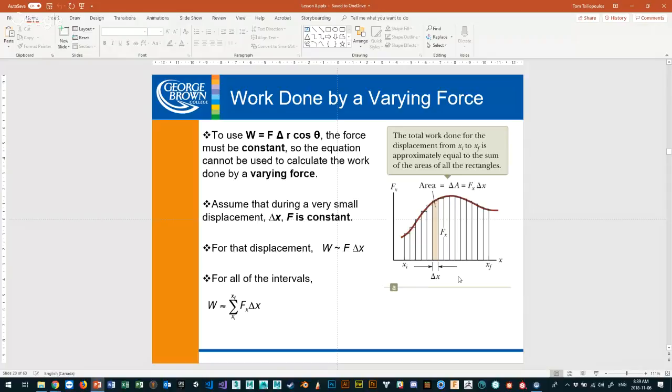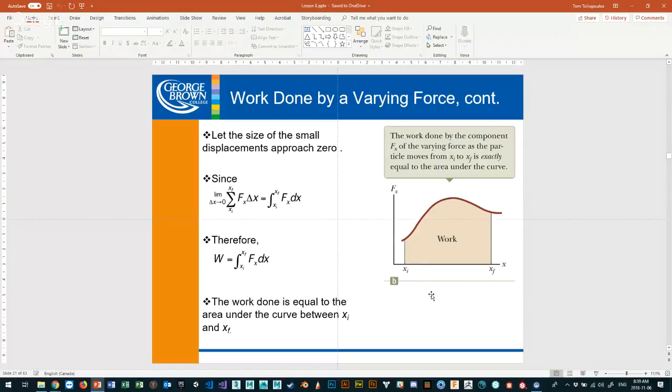And again, what this is talking about is for all intervals, work is the sum of all initial x's to final x of the force times the change in x. So why did we bring this up? Because when you think about it, if you boil it all down, it's really an integral, right? Remember we talked about the area under the curve? There's where work comes into play for varying forces.